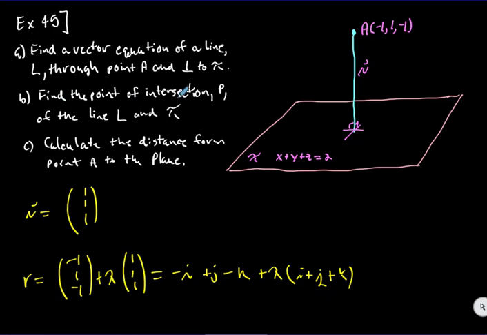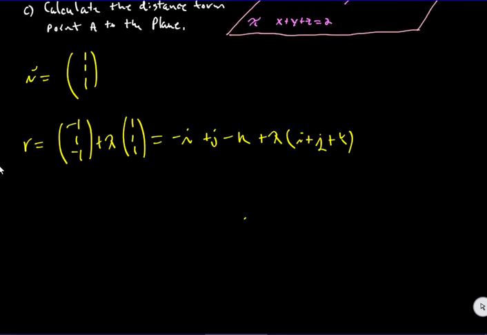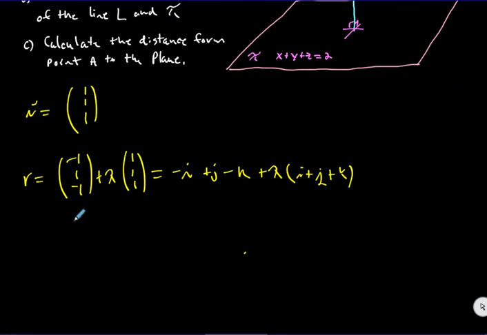Find the point of intersection with the plane, just like we did before, right? If I go down here and find the coordinates, my x coordinate is going to be -1 plus lambda. My y, I'm sorry, should be 1 plus lambda, and my z is -1 plus lambda.